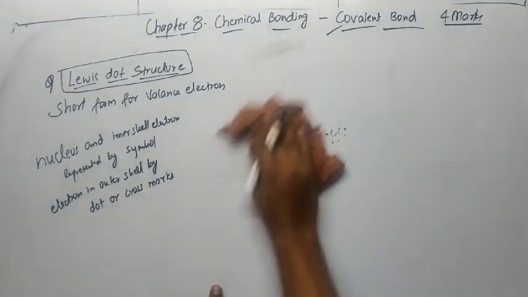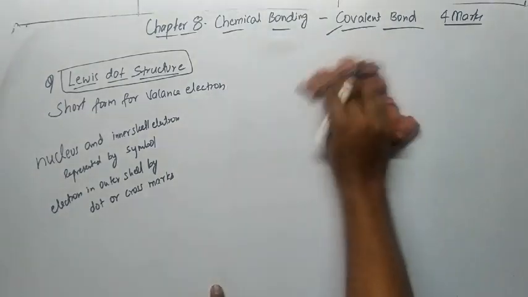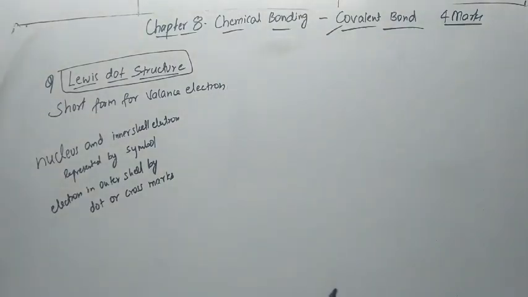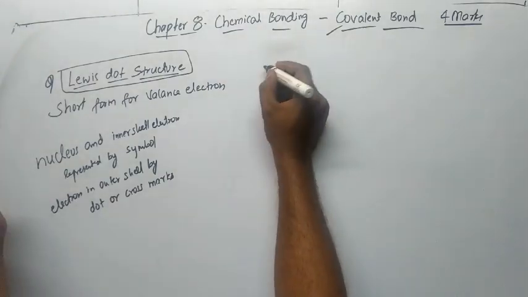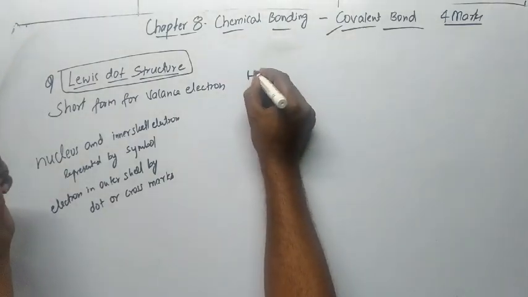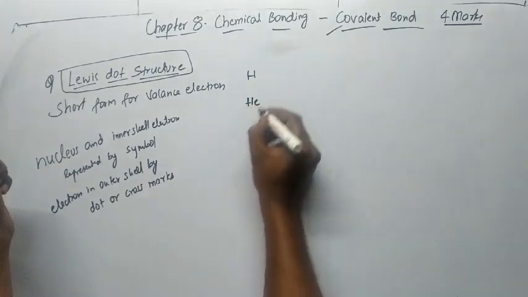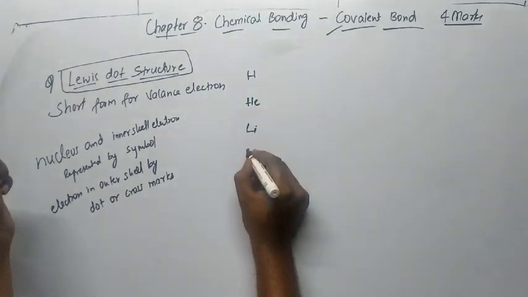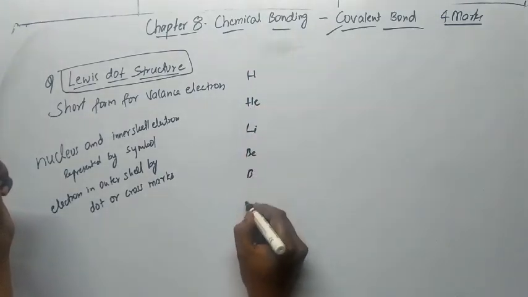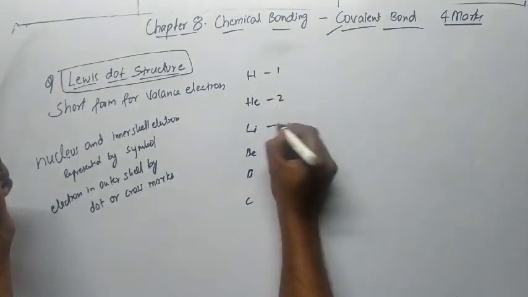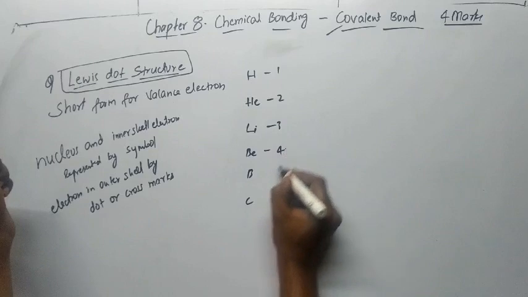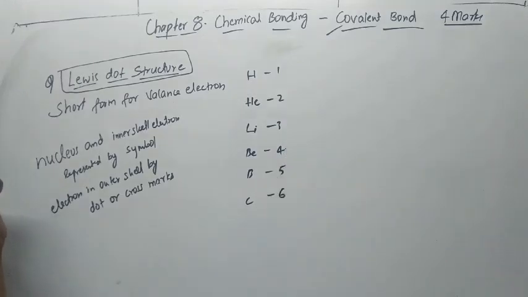atomic structure. As per the Bohr theory, you have an atomic structure of an atom. Okay, so we will take an element. Okay, hydrogen, helium, lithium, beryllium, boron, carbon. So you know the atomic number of that: 1 2 3 4 5 6.